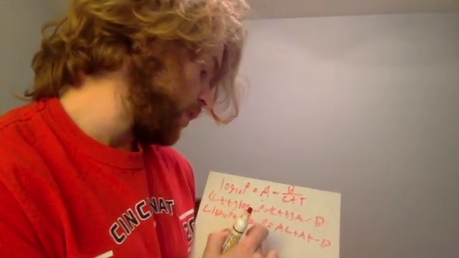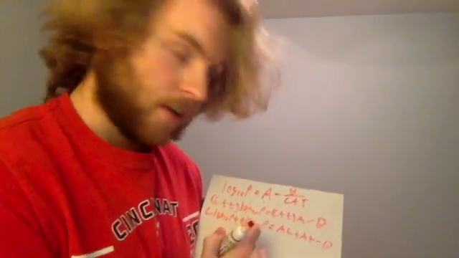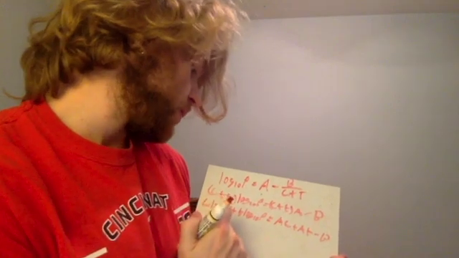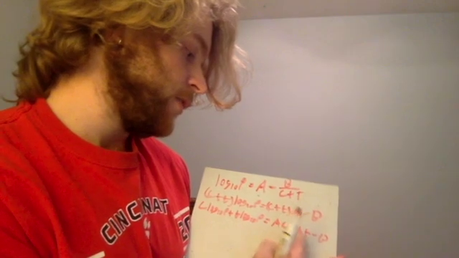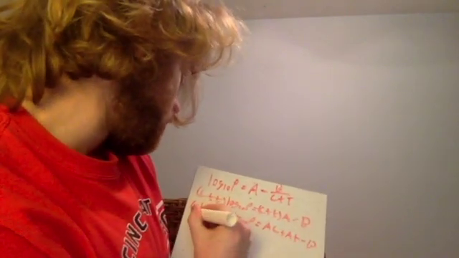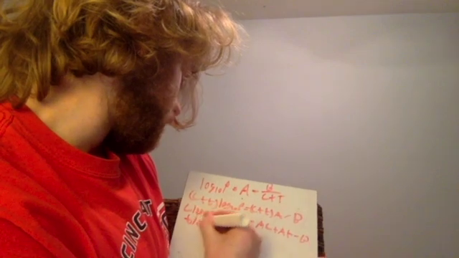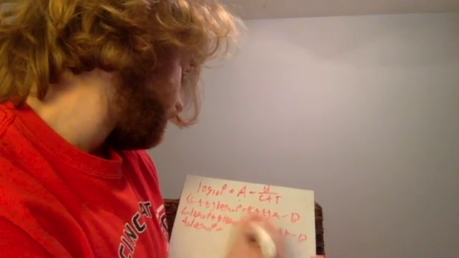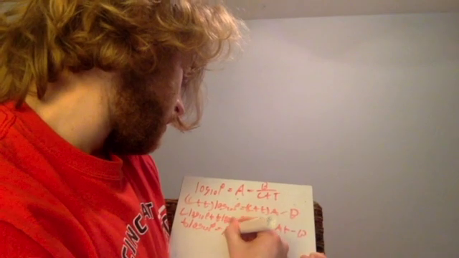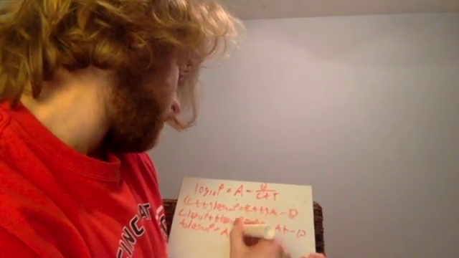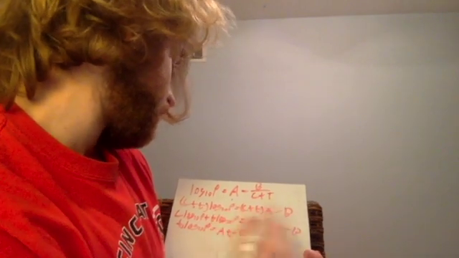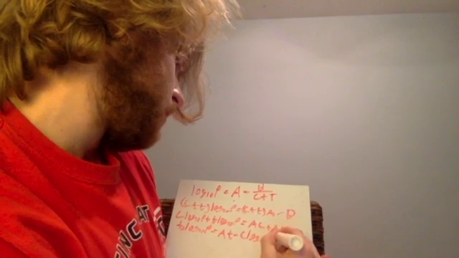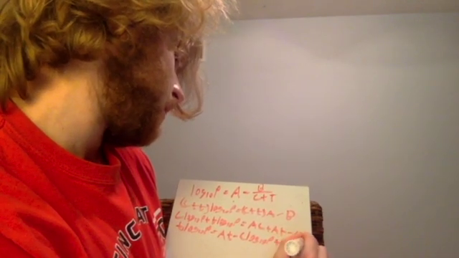So this item right here has a T and a P, no A, B, or C, so it's going to stay on this side of the equation. And this one has a C in it, so it's going to get moved over. Everything over here has an A, B, or C, so it's going to stay over here. So we're going to have T log 10 of the pressure is equal to AT minus C log 10 of the pressure plus AC minus B.